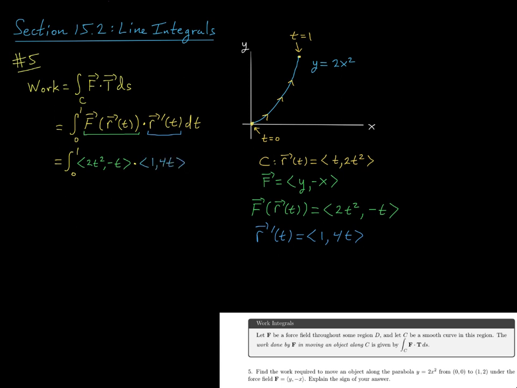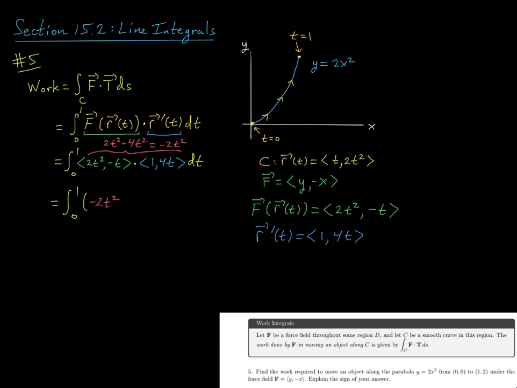So let's go ahead and take that dot product, and then we're going to integrate the resulting expression with respect to t from 0 to 1. So here we're going to get 2t squared minus 4t squared, which is going to give us negative 2t squared.